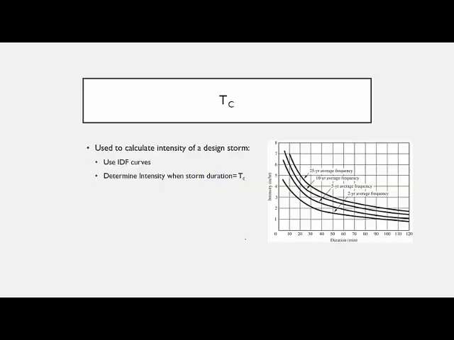So, to calculate the intensity of a design storm, we need an IDF curve or data or equation, because you can see the IDF in different ways. So what we do is to determine the intensity of the design storm. For the design storm, we say that the duration of the storm equals the time of concentration.